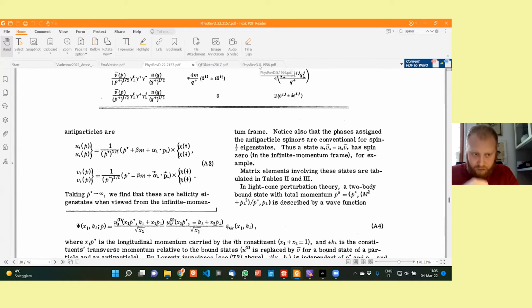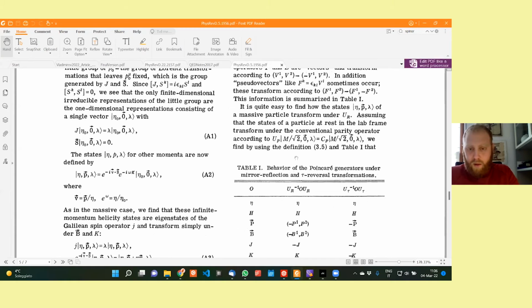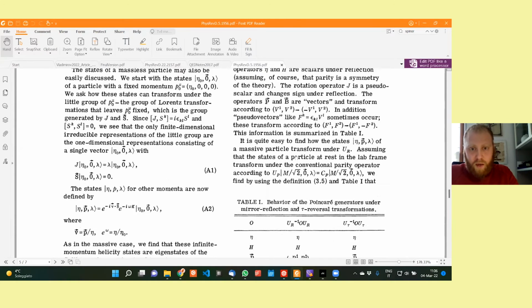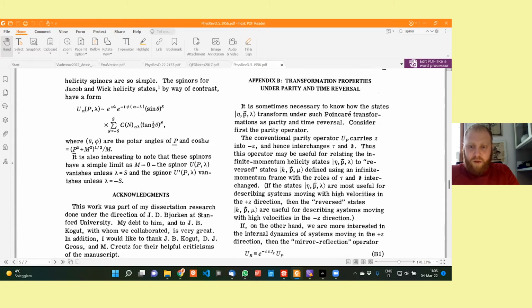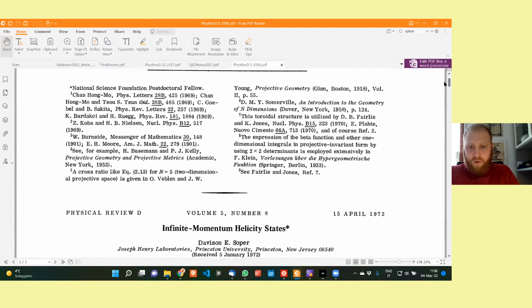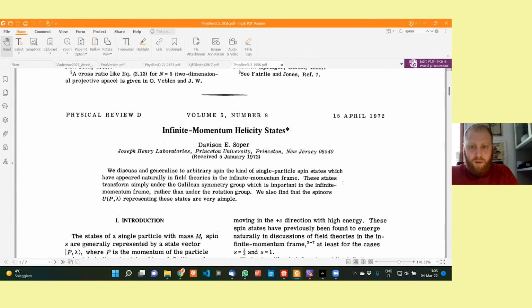Moreover, for these reasons, time reversal is not the most beautiful way to look at your theory when you quantize along the light front. This is discussed, in a very clear form I think, in Appendix B of the Soper paper, which I refer to, the infinite momentum helicity states by Soper, 72.